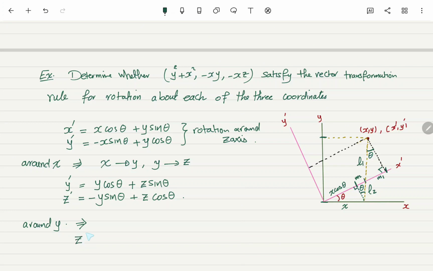So z prime equal to z cosine theta plus x sine theta, and x prime equal to minus z sine theta plus x cosine theta. Again, we can use the same figure, this one here, but instead of x and y, the new coordinates will be x and z.